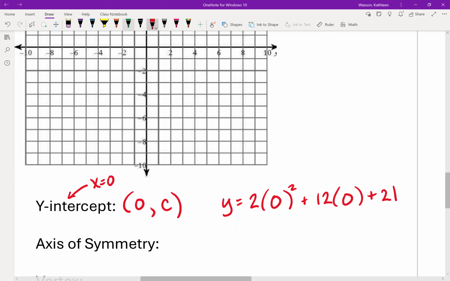When I do 2 times 0 squared, I get 0. And 12 times 0 is 0. So when x is 0, y is 21. That's the c. So there's a point 0, 21 on this graph.